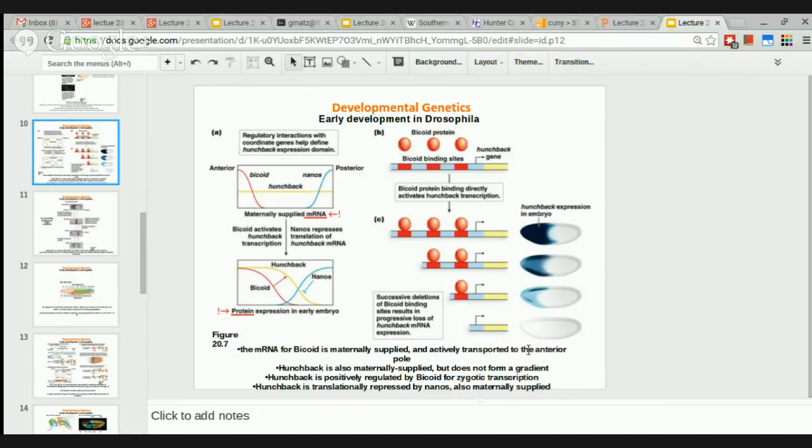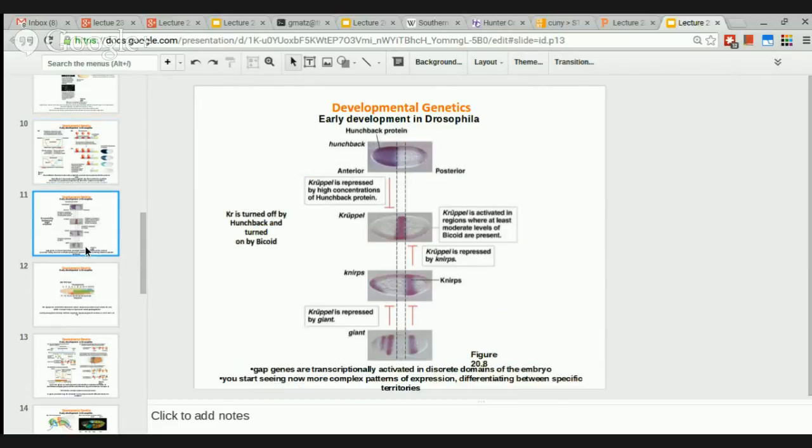So Hunchback mRNA is maternally supplied and doesn't form a gradient. It's positively regulated by bicoid for zygotic transcription and translationally repressed by nanos, itself also maternally supplied. And this is how you get this kind of expression pattern. So now we talked about maternal effect genes.